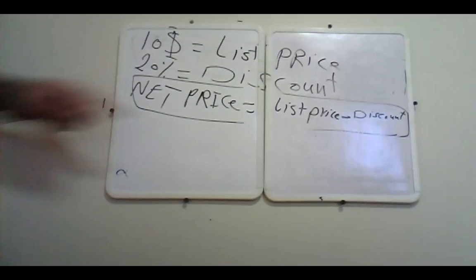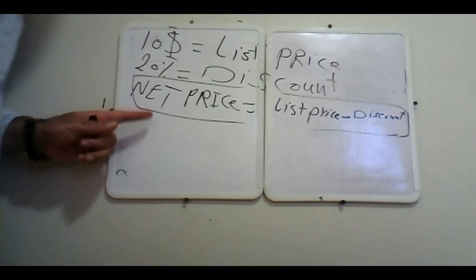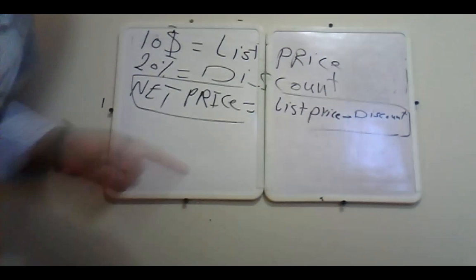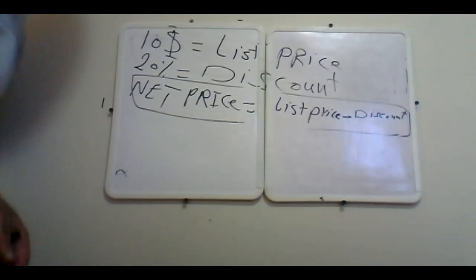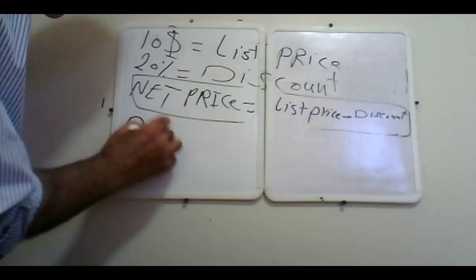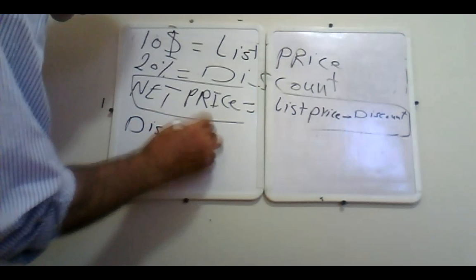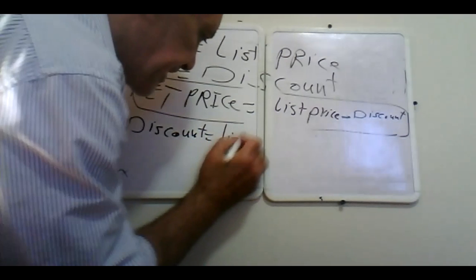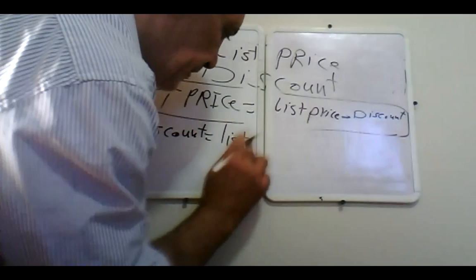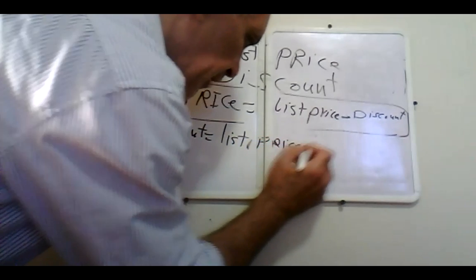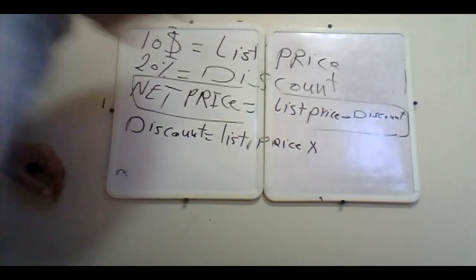So to get the net price, I have to know first how much will be the discount. Then the discount will equal the list price by the rate of discount.